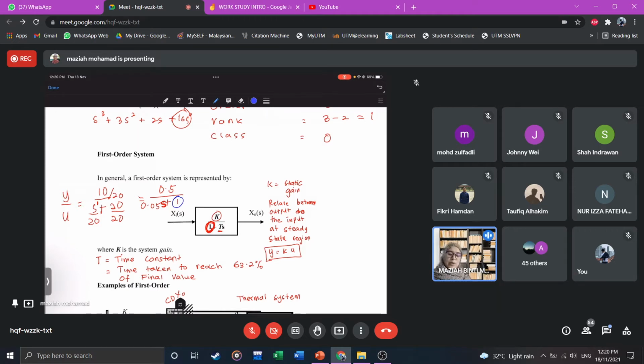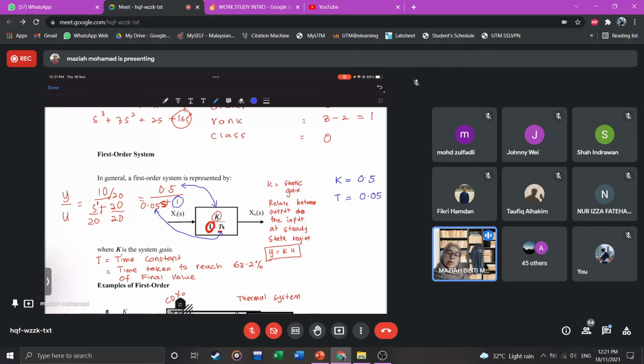Then we can compare: the numerator term is K, and this one here is T. So K is 0.5 and T is 0.05.